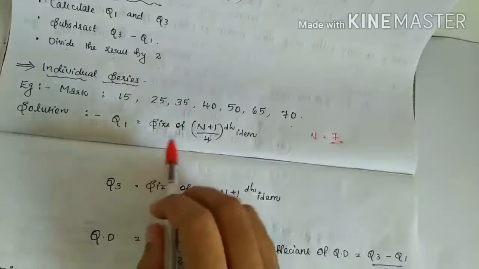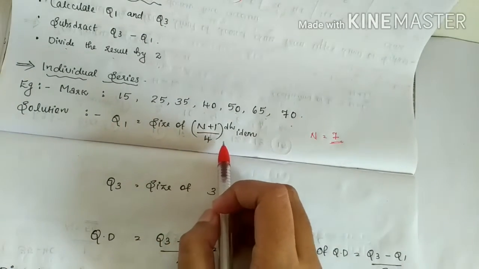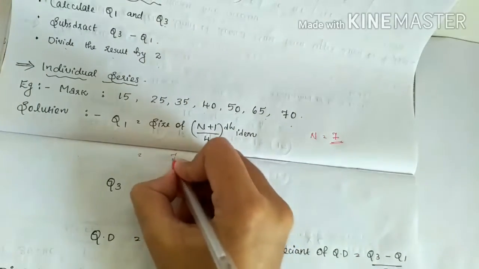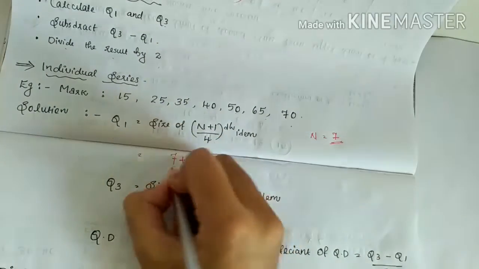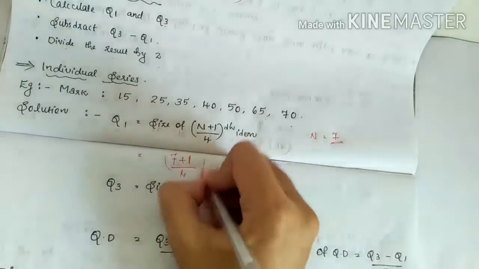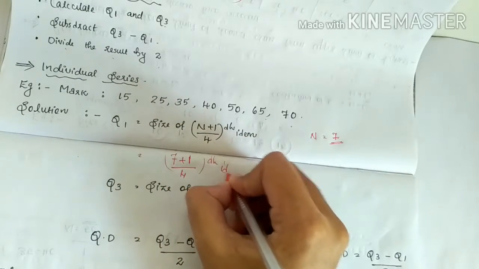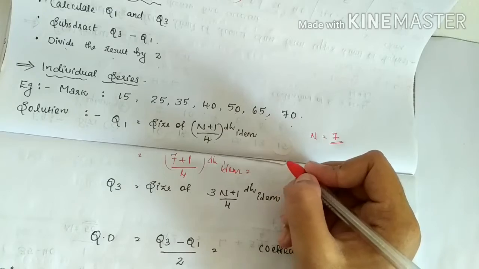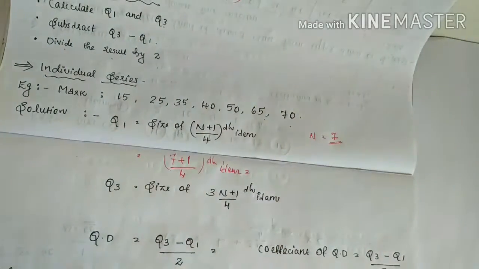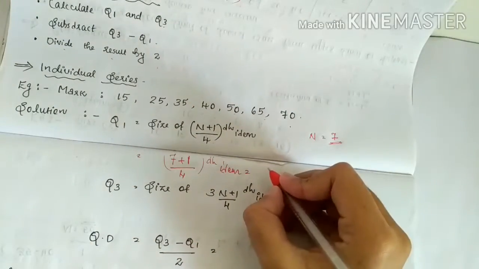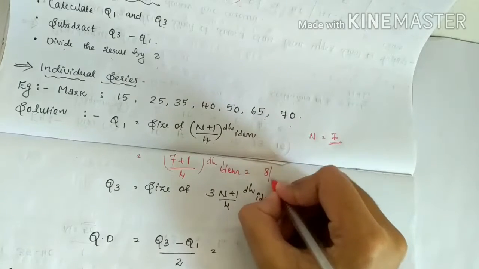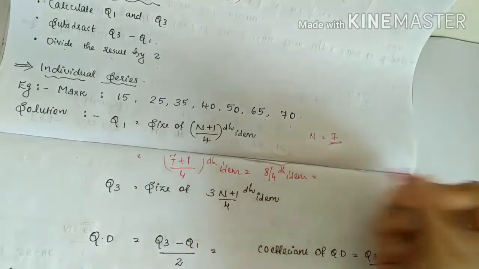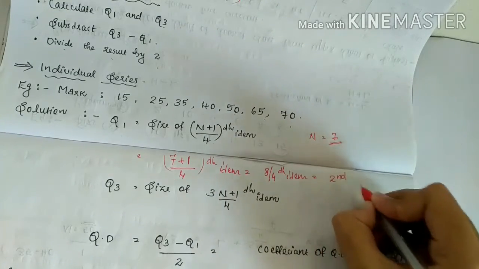Then apply the equation: (n plus 1) by 4th item is equal to (7 plus 1) by 4th item, which is equal to 8 divided by 4, that is the second item.